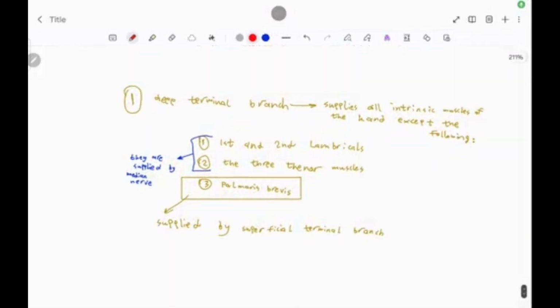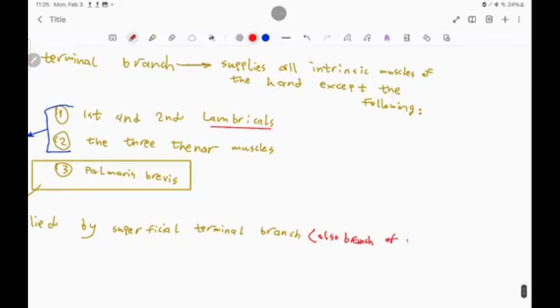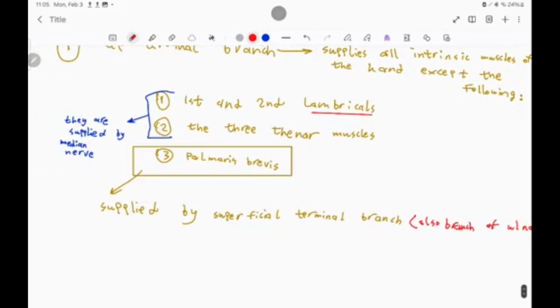I mentioned right here first and second lumbricals. What are lumbricals? What are their functions? Now we said palmaris brevis is supplied by the superficial terminal branch, which is also a branch of the ulnar nerve. What about lumbricals?